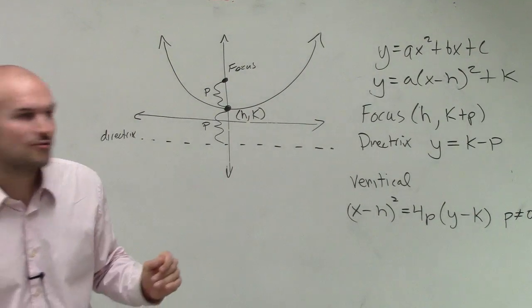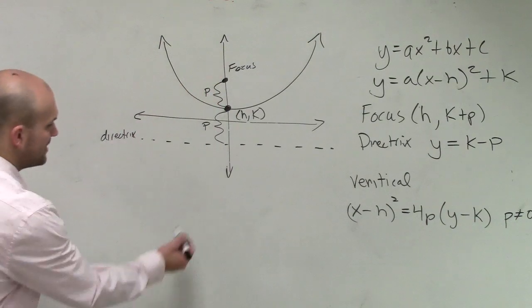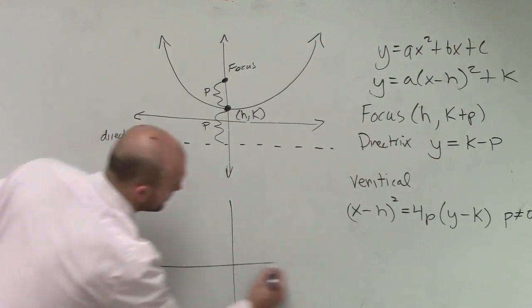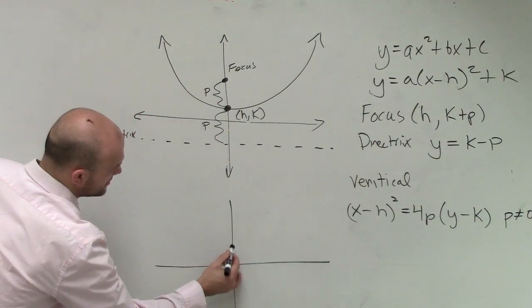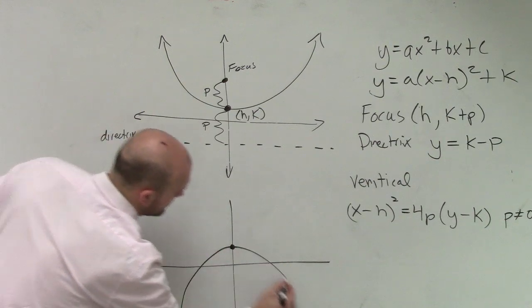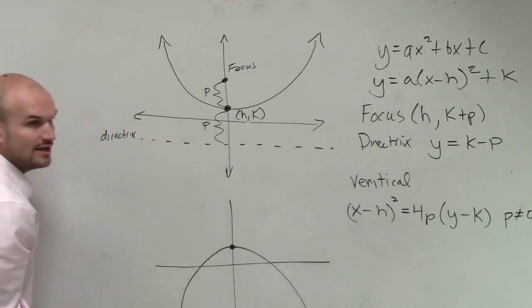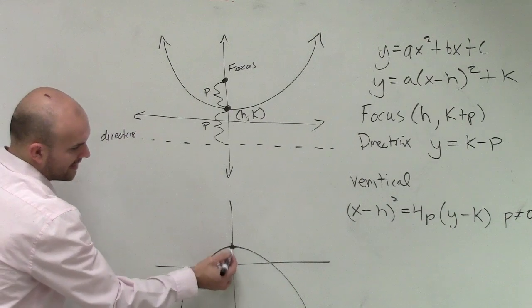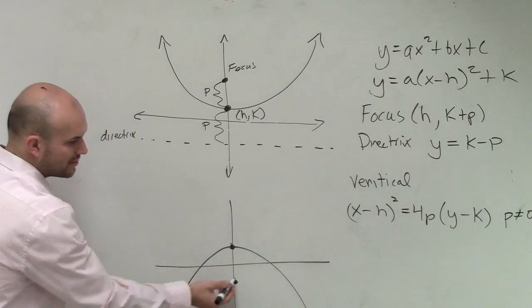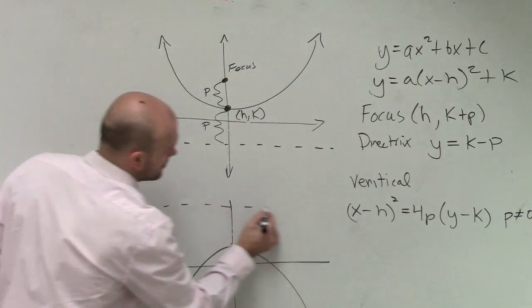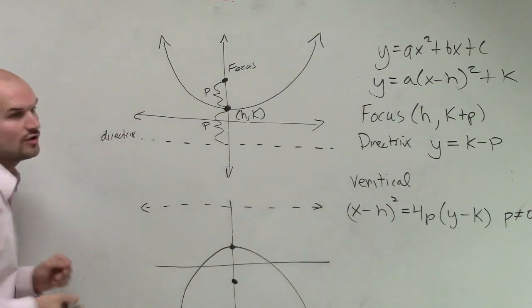What if p was negative 1? Rather than going up, p would now go down. You could have the same vertex. What if p was negative 1 or negative 2? Then you go down 2 and up 2. So this works for all vertical parabolas.